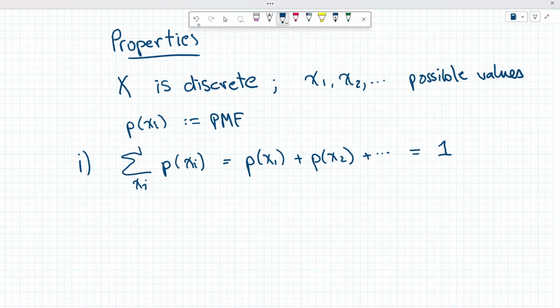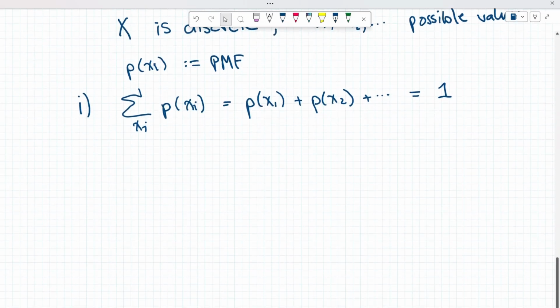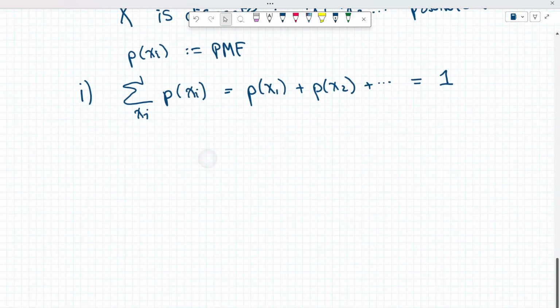The sum of all our probabilities has to equal 1. So the sum cannot be greater than 1. We can't have a sum of over 100% or a sum of less than 100%. Think of our heads and tails example.